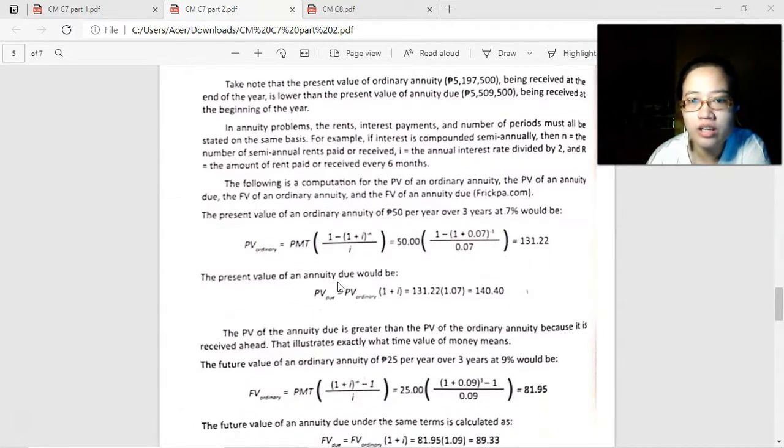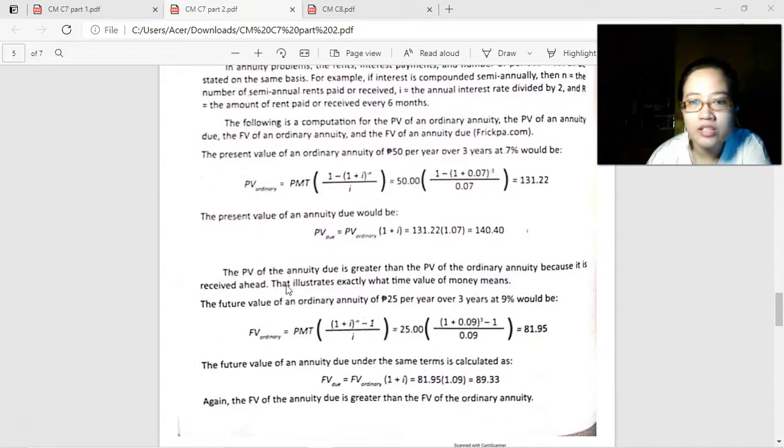The present value of an annuity due would be, ito naman, ordinary annuity ito, ito ay annuity due. So, yung present value niya times 1.07. Okay? So, 140.40 naman. The present value of an annuity due is greater than the present value of ordinary annuity.